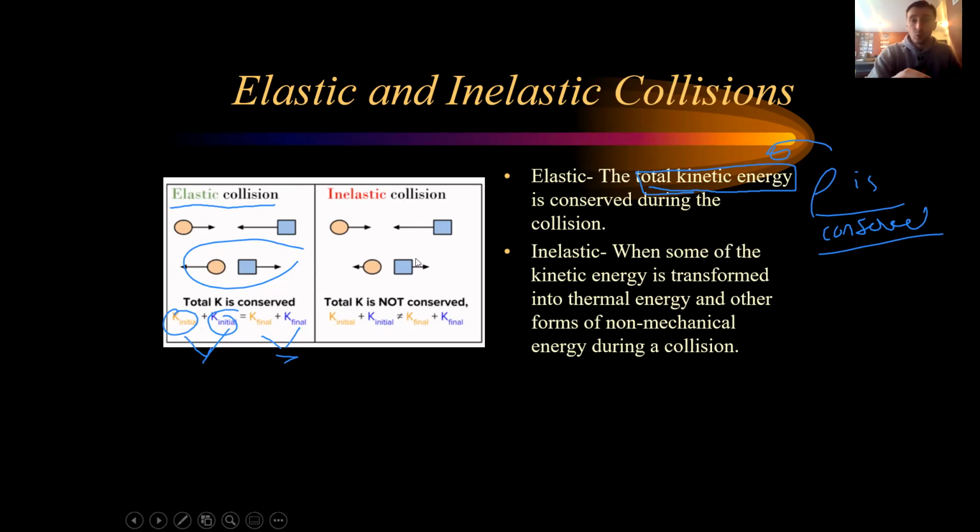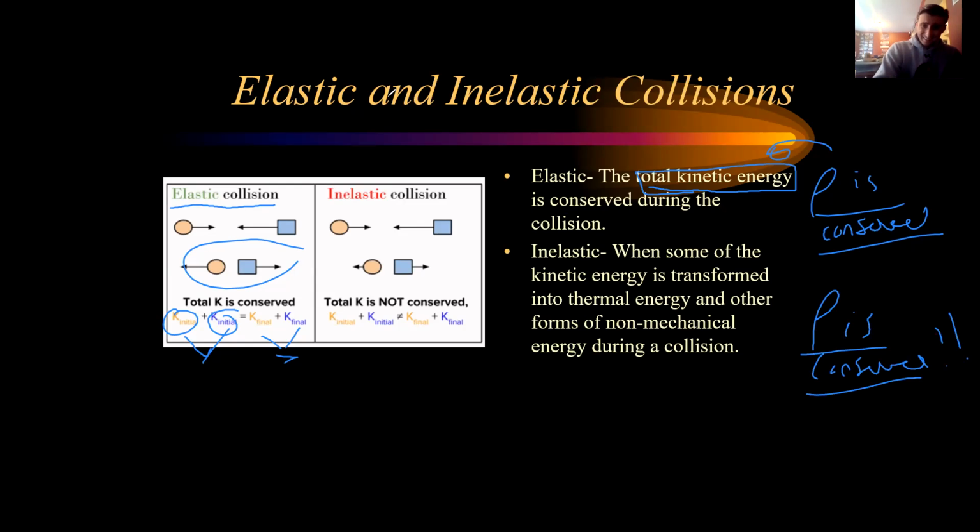Inelastic is more of a realistic collision where momentum is conserved, but kinetic energy is not conserved. What happens is you lose some of that kinetic energy into thermal energy.